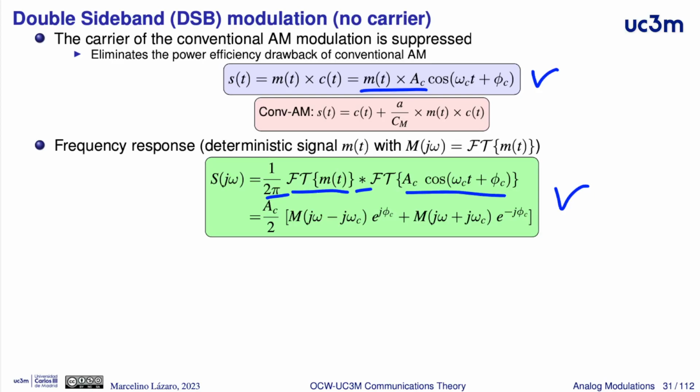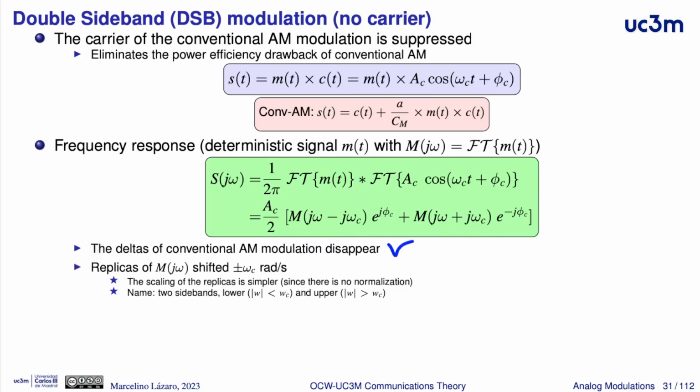The Fourier transform of a cosine are two deltas, at minus omega c and plus omega c, and then the convolution with these deltas basically is shifting the Fourier transform of the modulating signal plus omega c and minus omega c. And this is the spectrum of the double sideband modulated signal for a deterministic signal m of t.